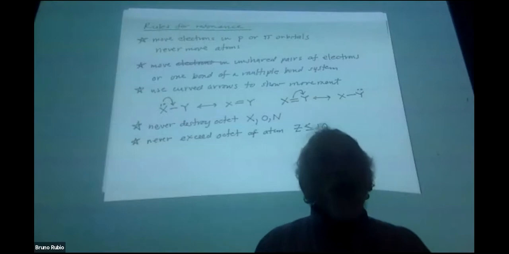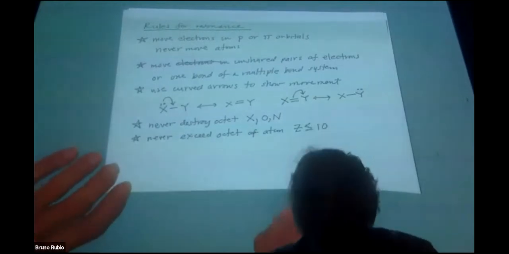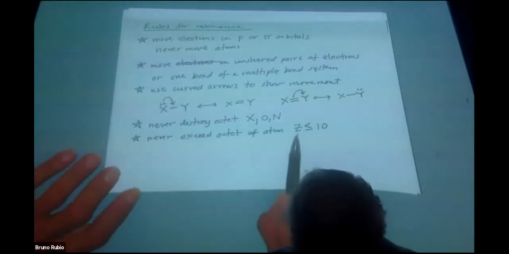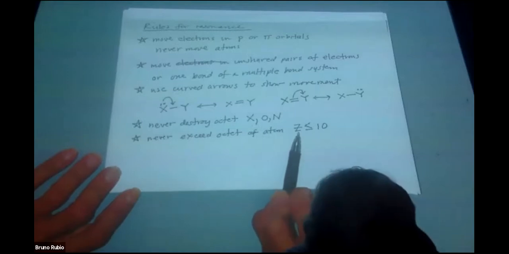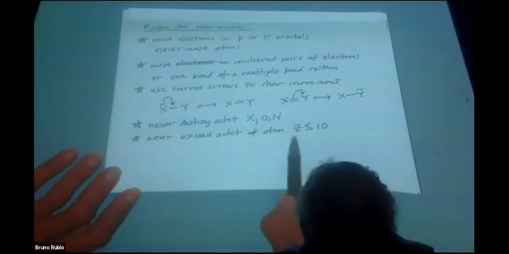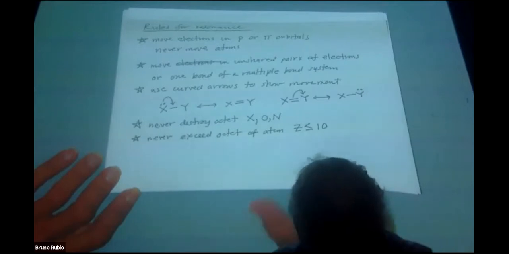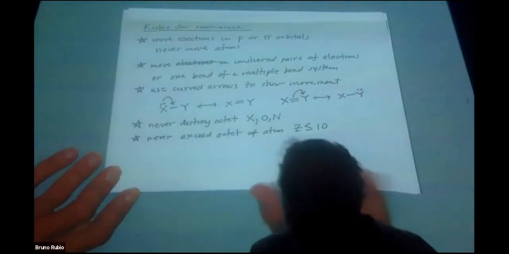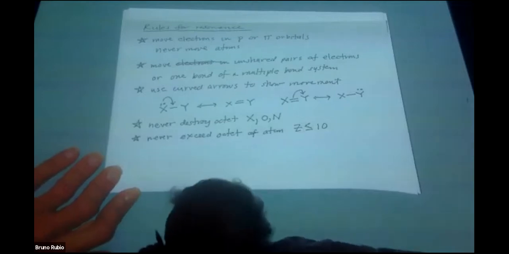Right, so on the periodic table, the atomic number 10, that's neon. So this is saying that hydrogen, carbon, nitrogen, oxygen, fluorine, all of these first and second row elements, you can never exceed the octet. You can never give them more than 8 electrons.